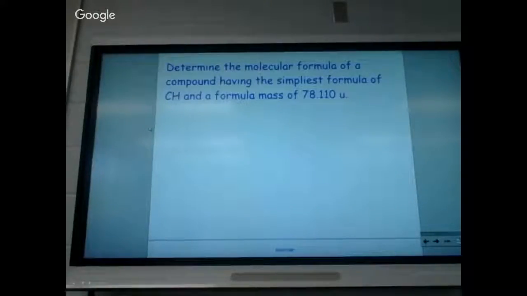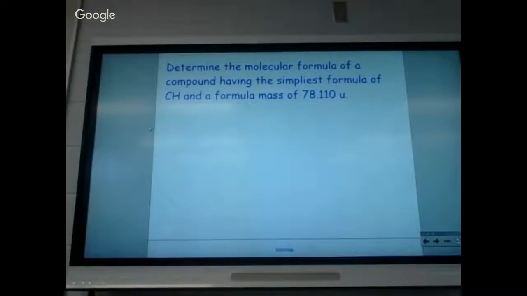H would have one, so we just divide by the mass of CH. You gotta find the math. We times it by the subscript and then add it together. Guys, find the mass of CH. Okay.